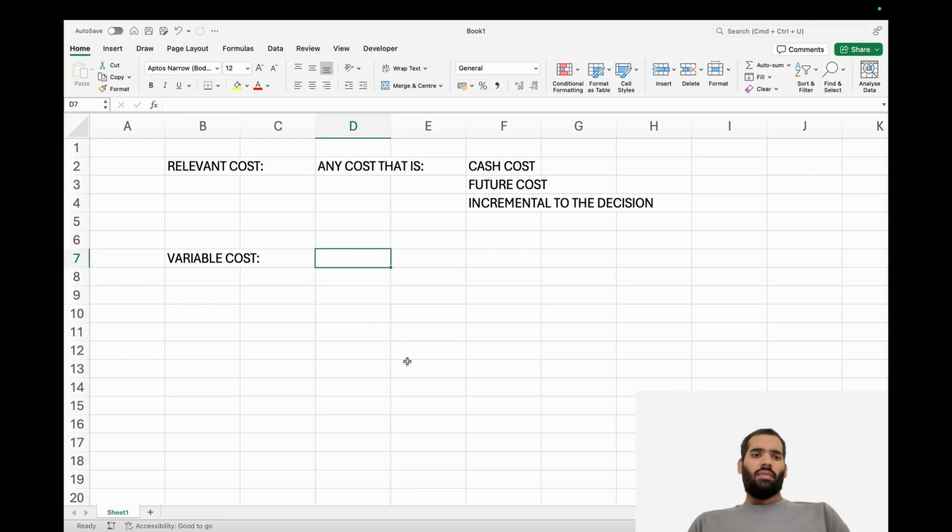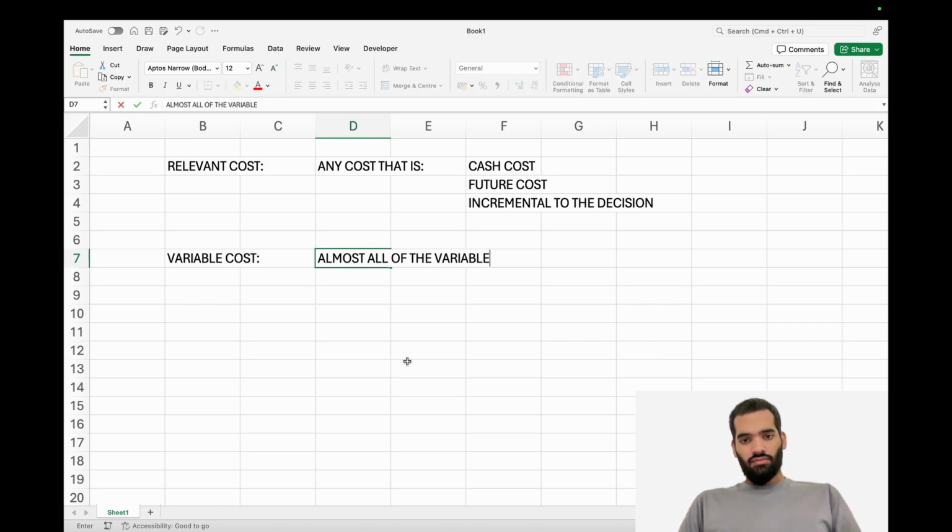When I say variable cost, usually we can say it would be relevant, because if I do make the product, I have to spend the money. If I don't make the product, I wouldn't be spending the money. So almost all of the variable costs are relevant.